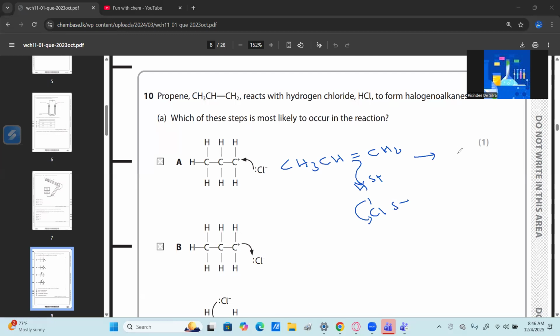So you get CH3, CH+. It's a secondary carbocation. Cl- is there. This will come here. Then you get CH3, CH, Cl and CH3. So this is wrong. This is a primary carbocation. This is also wrong, a primary carbocation.